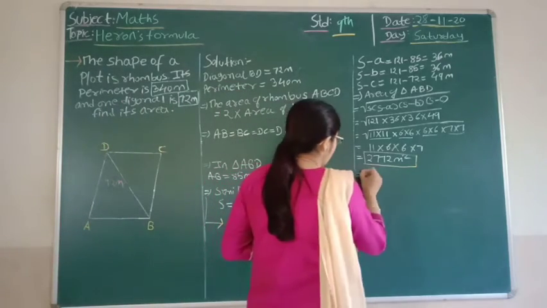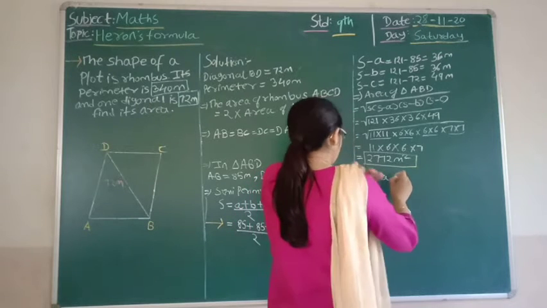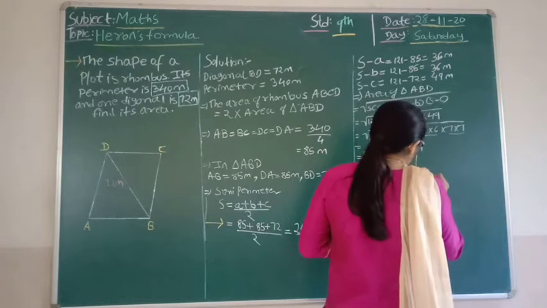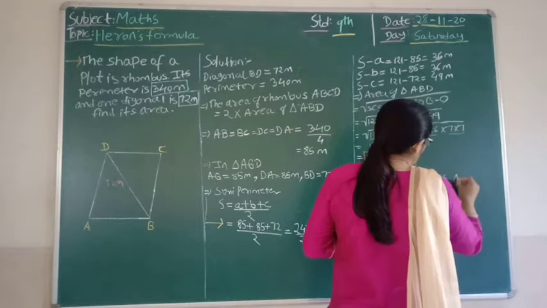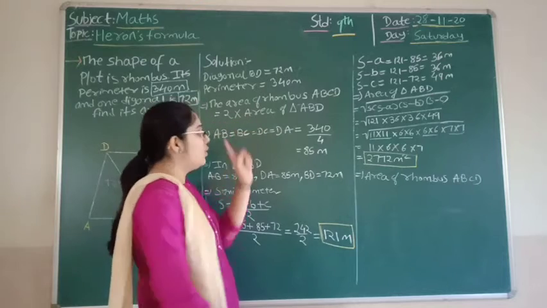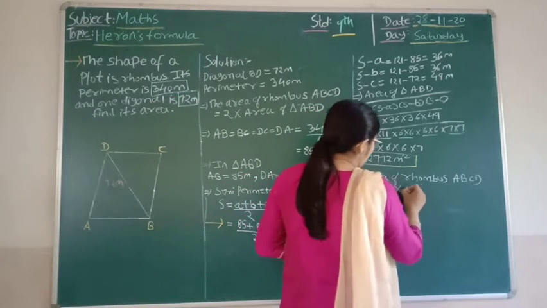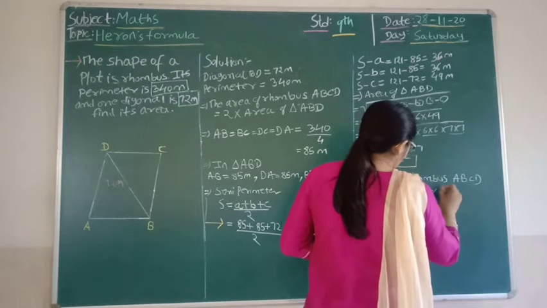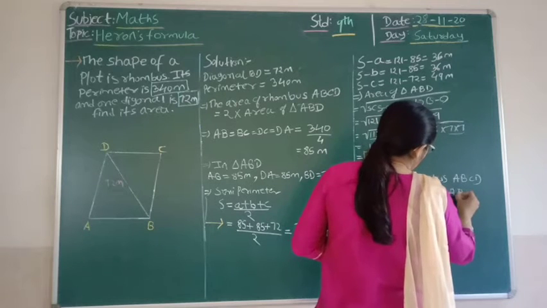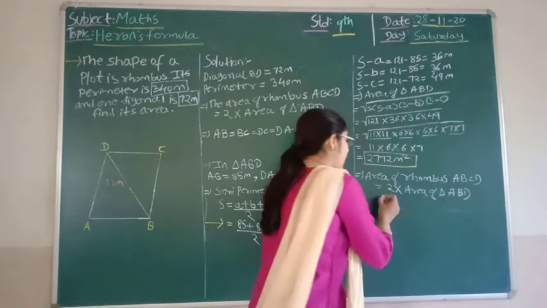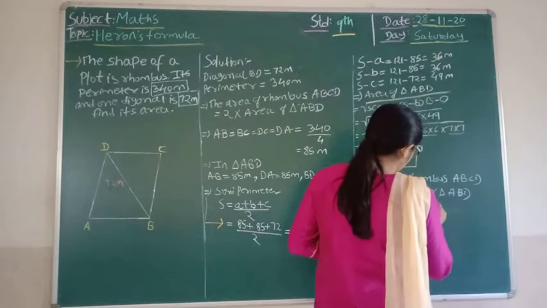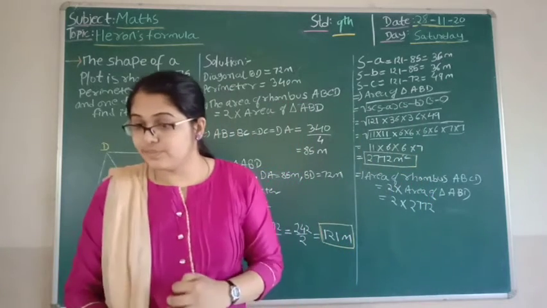So you can write it as area of rhombus ABCD, that is 2 into area of triangle ABD, and if I multiply 2 with this, I will get the answer.